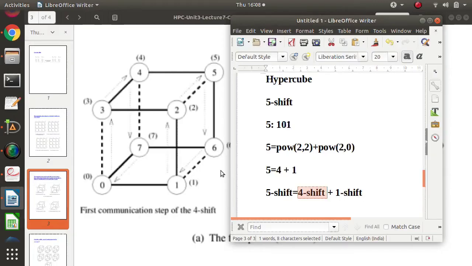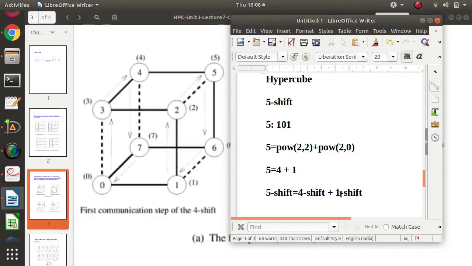Now see what the advantage is. Because of the hypercube structure, normally we are taking shifts in terms of powers of 2. So what shifts are possible? One shift is possible because 2 to the power 0 means one shift. 2 to the power 1 means two shift. 2 to the power 2 means four shift.